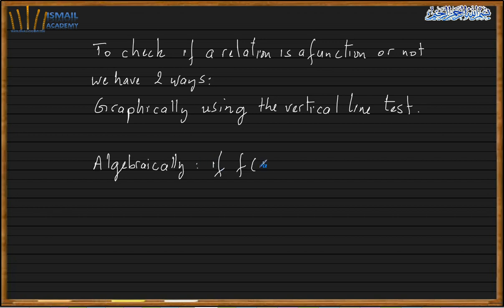If we have distinct y, then the x coordinates are not the same. So let me use here x prime instead of y. So how can we use this? I can give you an example. Suppose we have this relation 5x plus 9, for example.